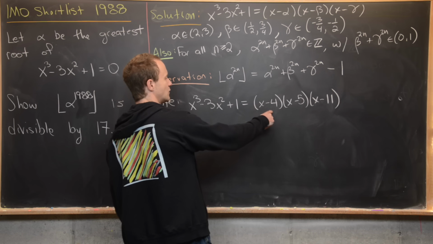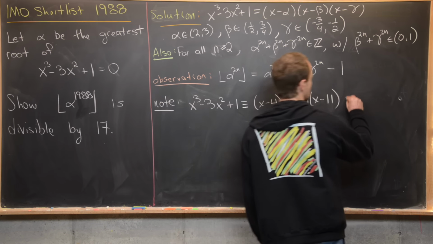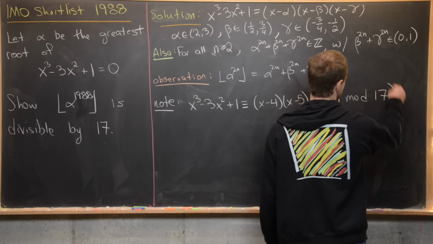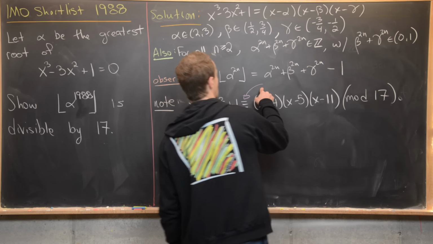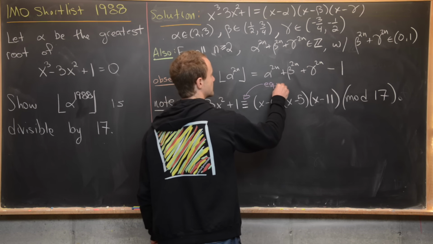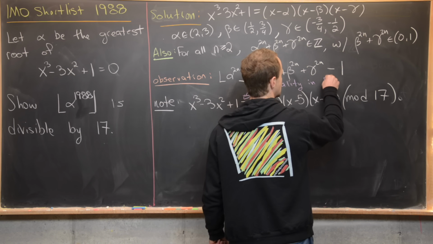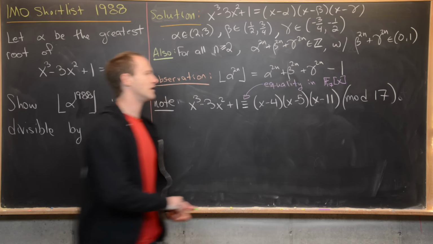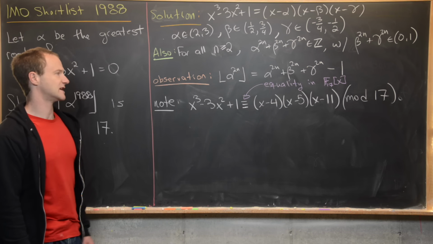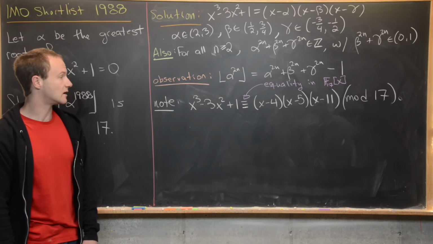So I'll just put equals, or maybe I should put congruent mod 17. Or this is really, if you're into this kind of stuff, equality in the field of 17 elements adjoin x. In other words, the polynomial ring with coefficients in the field of 17 elements. You can think of it like that as well.